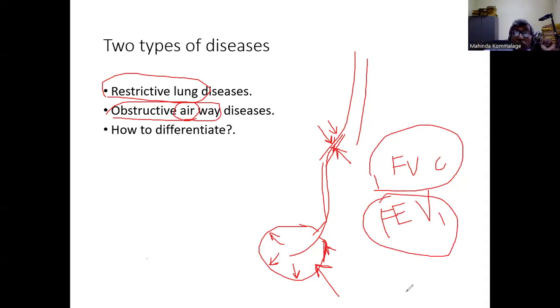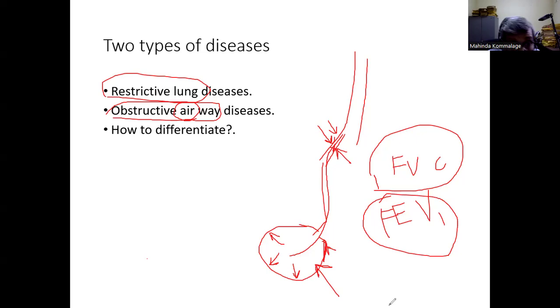If there is an airway obstruction, that means air will not easily come out, right? So remember, if there's obstruction, the biggest problem is for expiration, not for inspiration, because as you know, in inspiration we put extra effort with the inspiratory muscles and air will enter into the lungs, but expiration is the problem because expiration is a passive process. Of course, we can put in an effort, but expiration is a passive process.